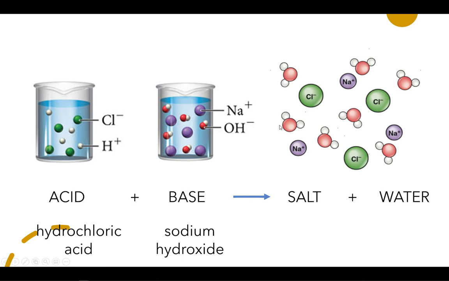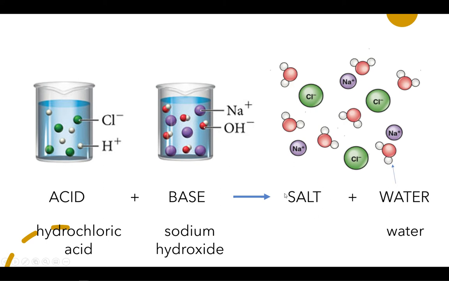So this is similar to the dissociation of water reaction that we looked at before, where we could take a water molecule and break it down into hydrogen ions and hydroxide ions, and that's a reversible reaction. Well, this is just the hydrogen ions and hydroxide ions joining together again to form a water molecule. So these are additional water molecules, additional to the ones that we already had in the solutions. So it's a new product being formed. So this is actually written on the side here. So this is water molecules.